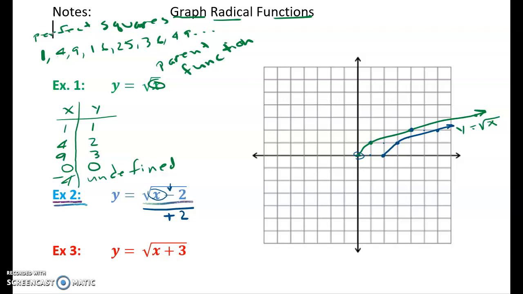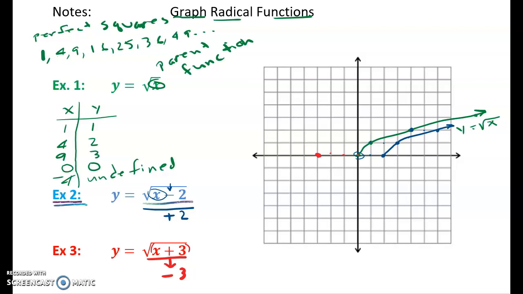But what happens if we have a red? y is equal to the square root of x plus 3. We're going to take the opposite sign, that's minus 3. And since it's all together with the x, it's a left-right movement, and it moves to the left 3 units. So taking my parent function, that 0, 0 point, I'll move it back 1, 2, 3 units.